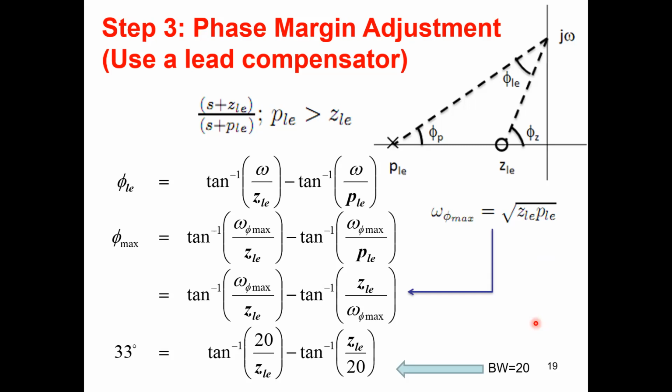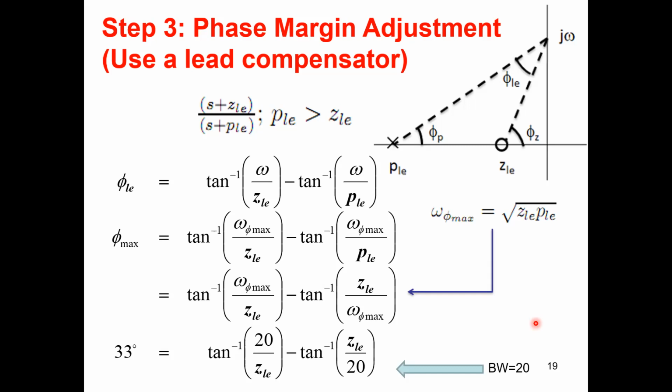There's no way to grab the whole problem at once and solve it. So our task is to design this lead compensator, which gives us 33-degree maximum phase at 20 radians per second.